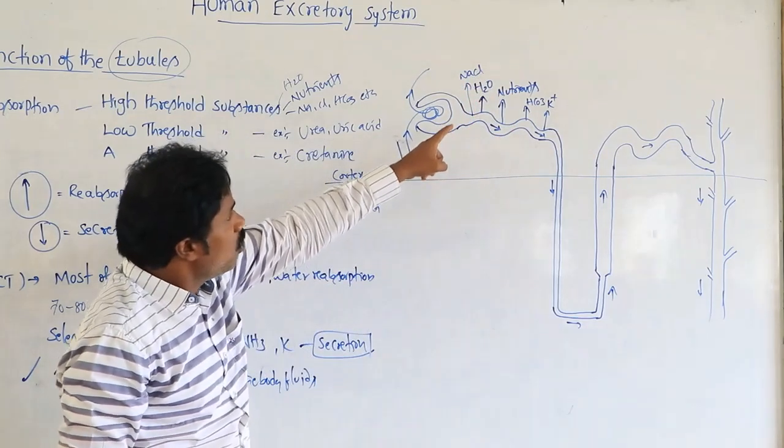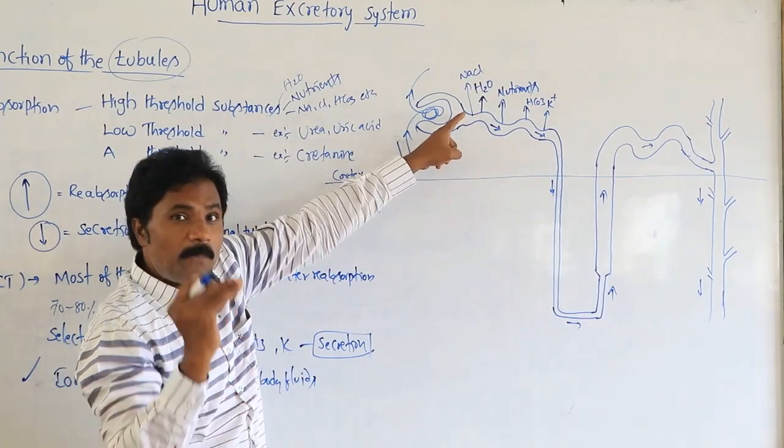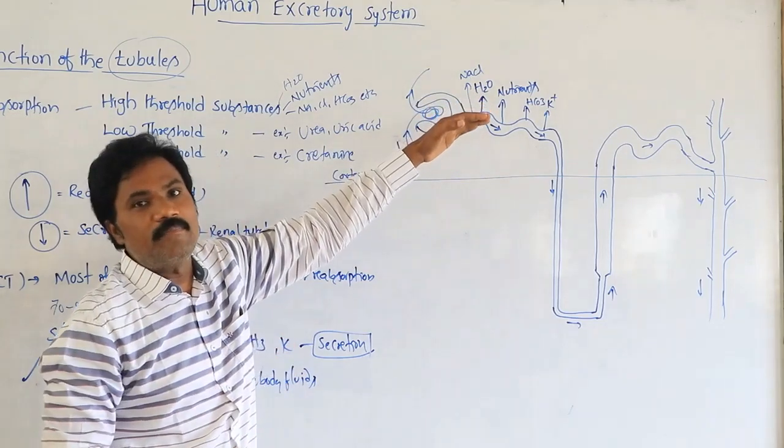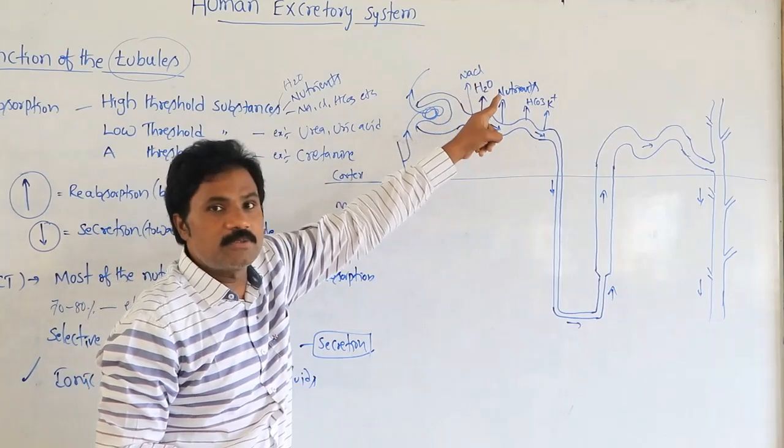Whatever substance has the arrow mark in the upward direction means it enters our body, that's why it is reabsorption.